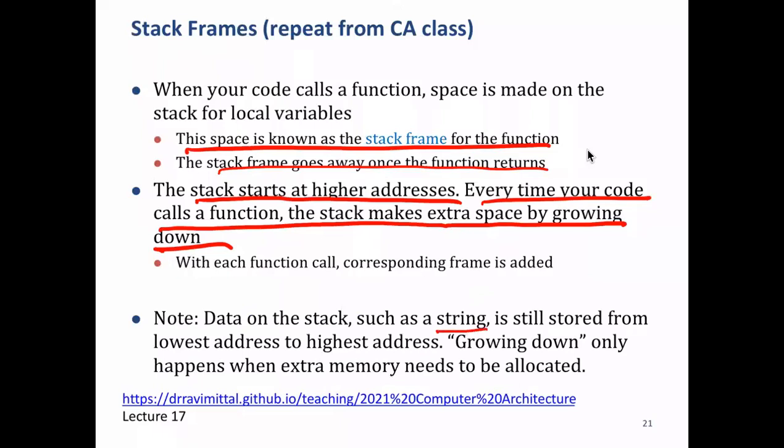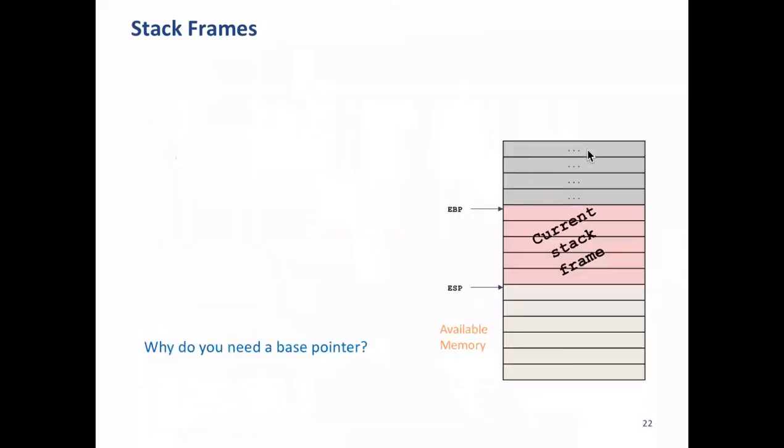For example, a string is stored from lowest address to highest address. Note that if this is the stack, this is the higher address, and this is the lower address. So now string values will go this way. The first value will go here and then so on, right?